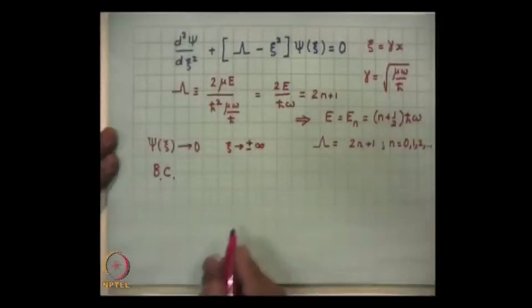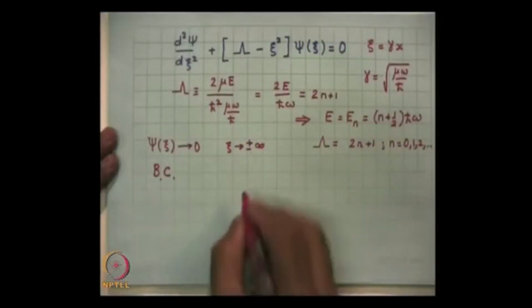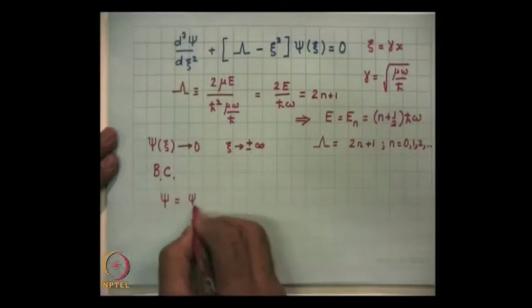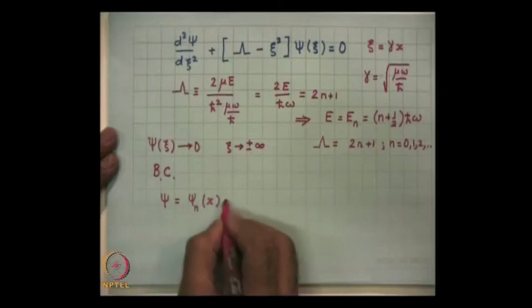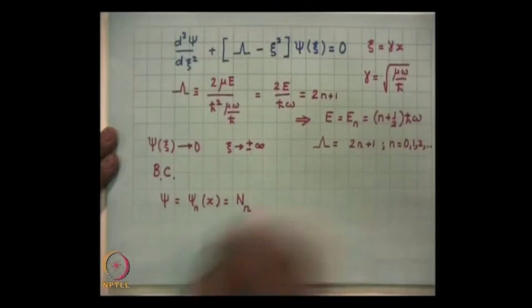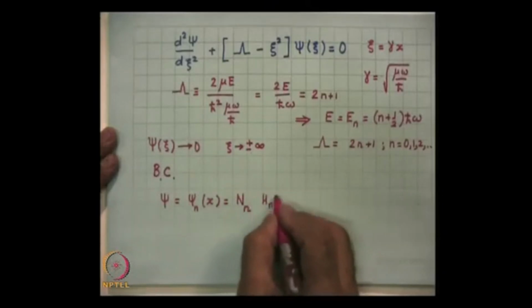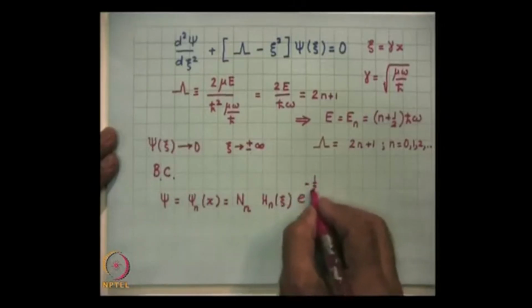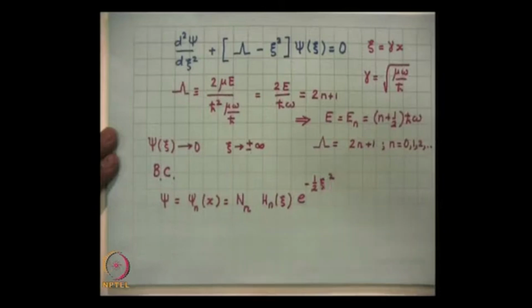For these values of E, the eigenfunctions are given by psi n of x equal to some normalization constant N n, times H n of xi, e to the power of minus half xi square. These are the normalized eigenfunctions corresponding to the linear harmonic oscillator problem.